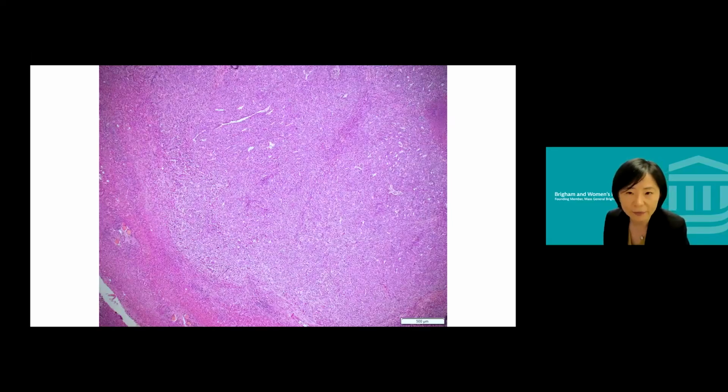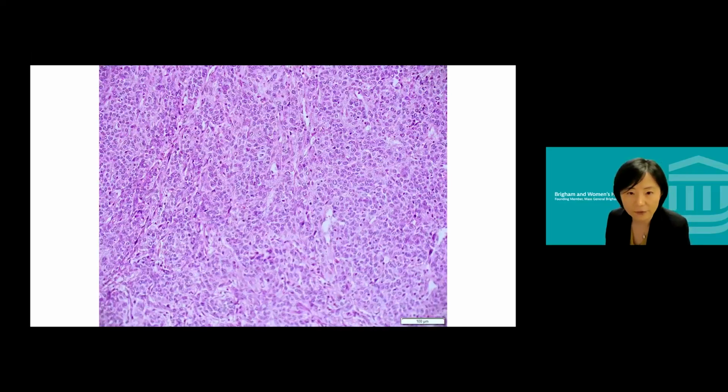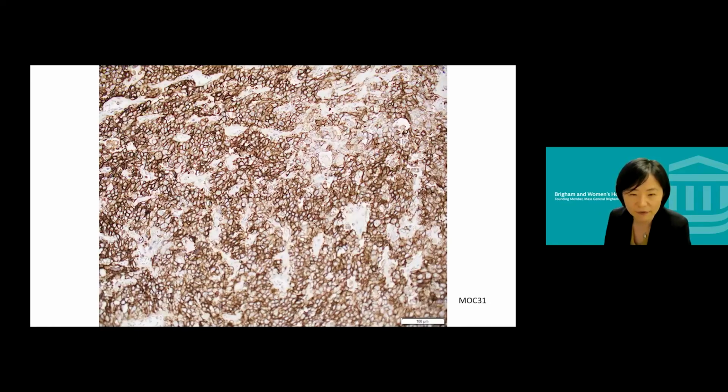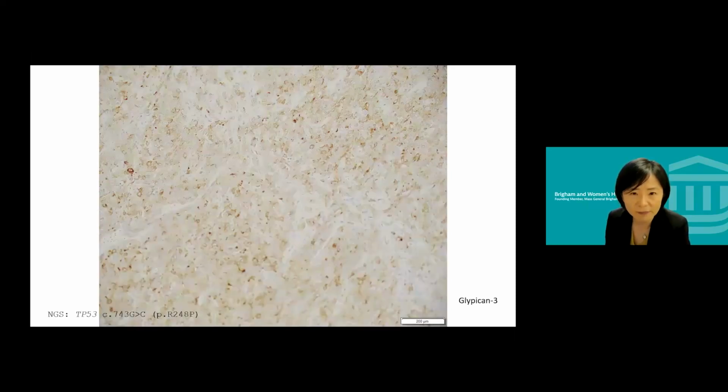So this is what an intermediate cell carcinoma looks like. Here we have a primitive proliferation, where on high power you see sheets of small blue cells, and the entire lesion is composed of the same type of cells. It shows just focal positivity for arginase, diffuse positivity for MOC31, but diffuse and weak, somewhat patchy staining for glypican-3.